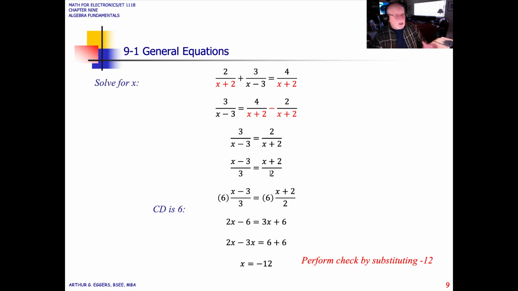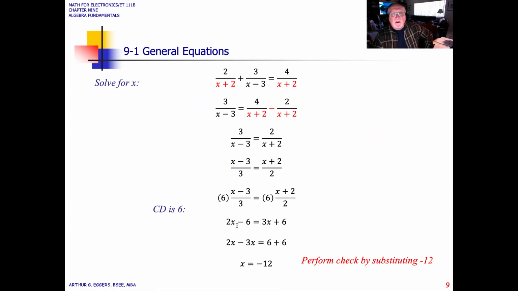I can't go any smaller or any different than that. So I'm going to multiply 6 by both sides, and that will, in essence, give me a value of 6x minus 3 and 6x plus 2 on this side, which I can then reduce. 3 into 6 gives me 2, 2 into 6 gives me 3, and I can reduce those terms.